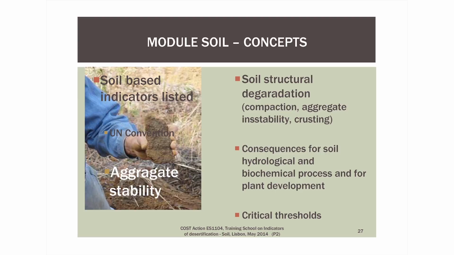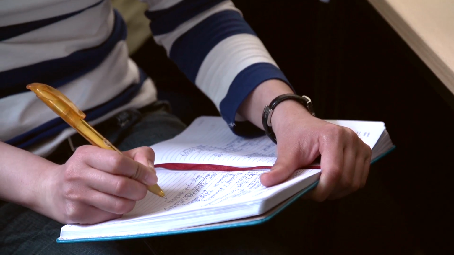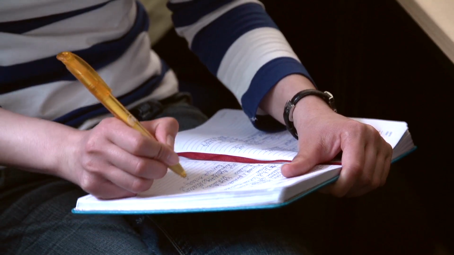Aggregate stability. Well, this would be the direct translation of what is written in the UN Convention list. I would rather prefer something like structural degradation or structural instability. Why? Because I think that structure, in the broader sense, is the organization of soil particles.